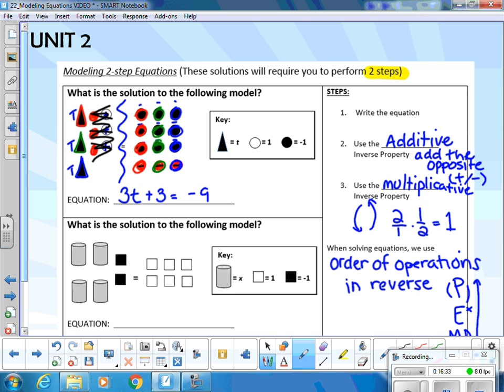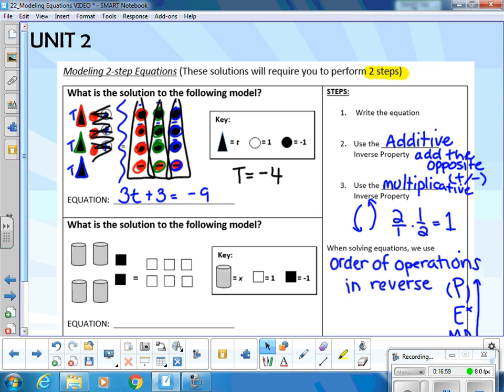So think of each of these columns as a triangle. So here's one triangle, here's another triangle, and here's another triangle. So how many are in each triangle? Each triangle is going to be equal to 1, 2, 3, 4, and each 4 is colored dark, so they are a negative. So that's how we're doing it.